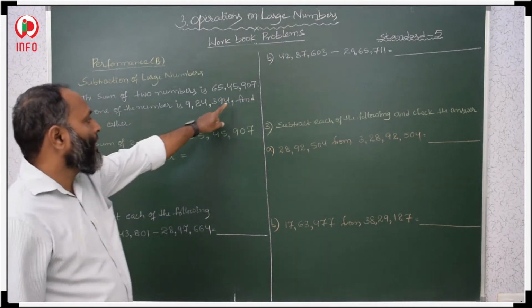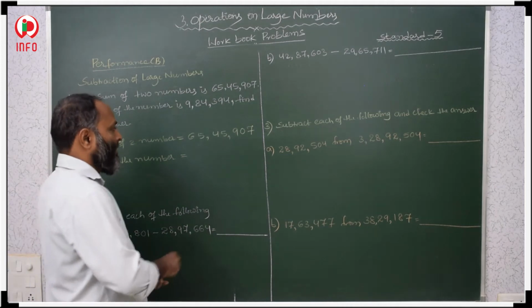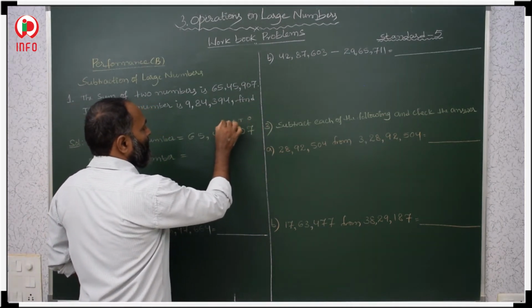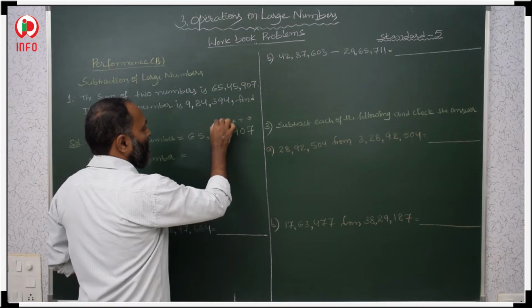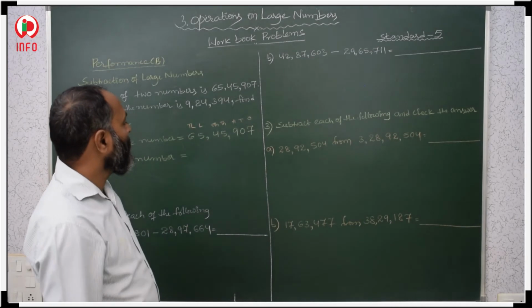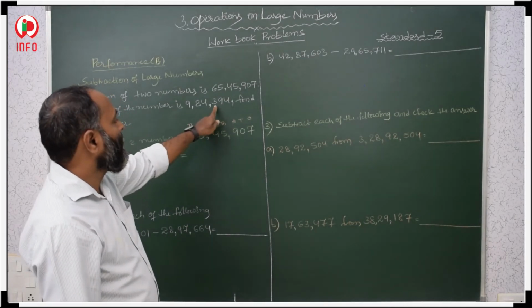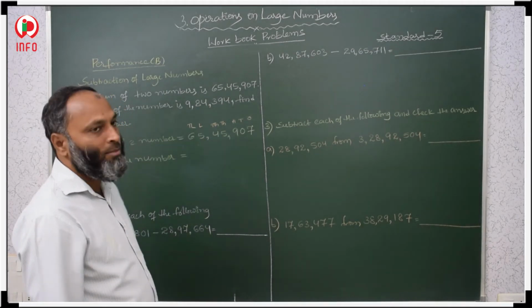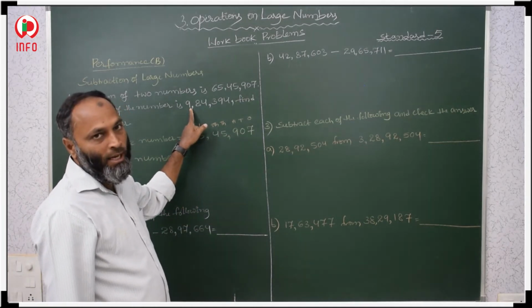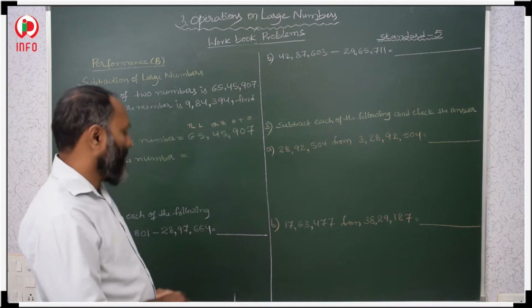Here, how many digits do we have? First you have to write the place values here: ones, tens, 100, 1000, 10,000. This is lakhs, this is 10 lakhs. Now 1, 2, 3, 4, 5, 6. Only 6 places are there, means till lakhs place. There is no 10 lakhs. Now you start from the lakhs place.